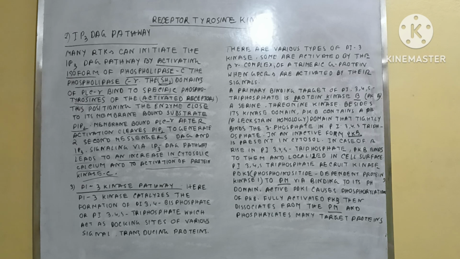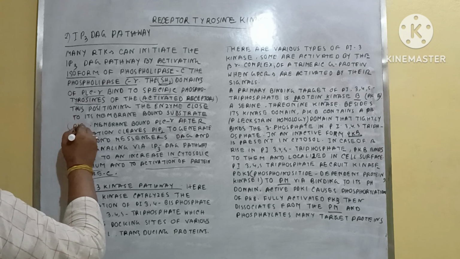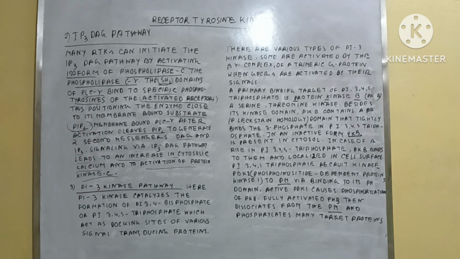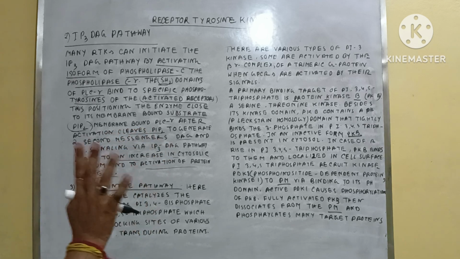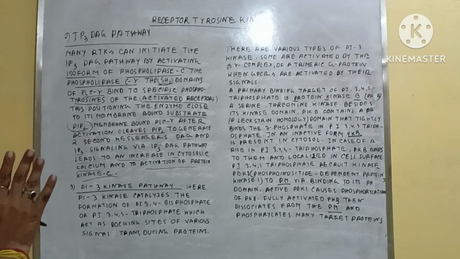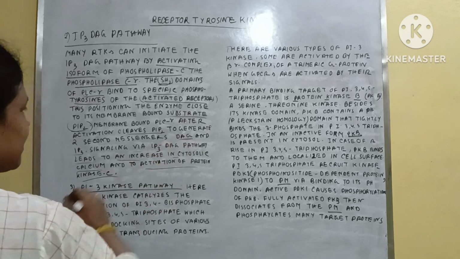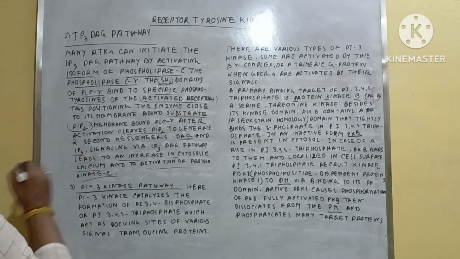So here PIP2 has an important role. Just after activation, this PIP2 is cleaved into two messengers: one is the DAG messenger, another is the IP3 messenger.